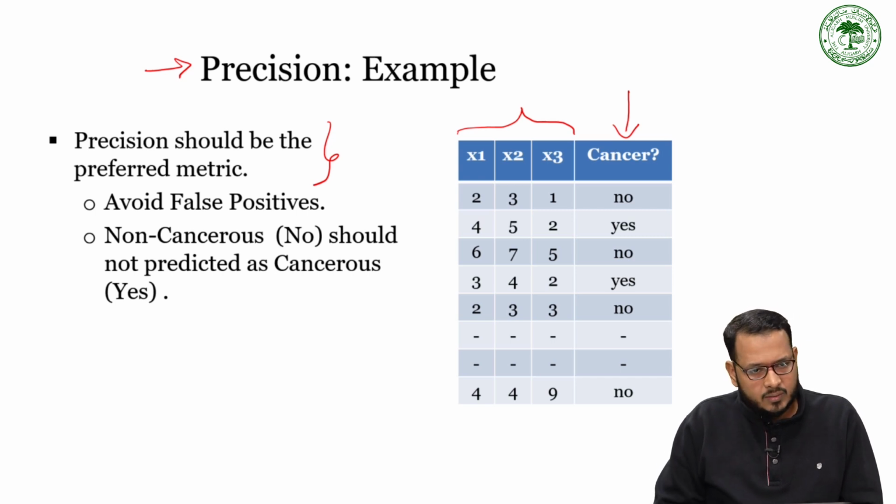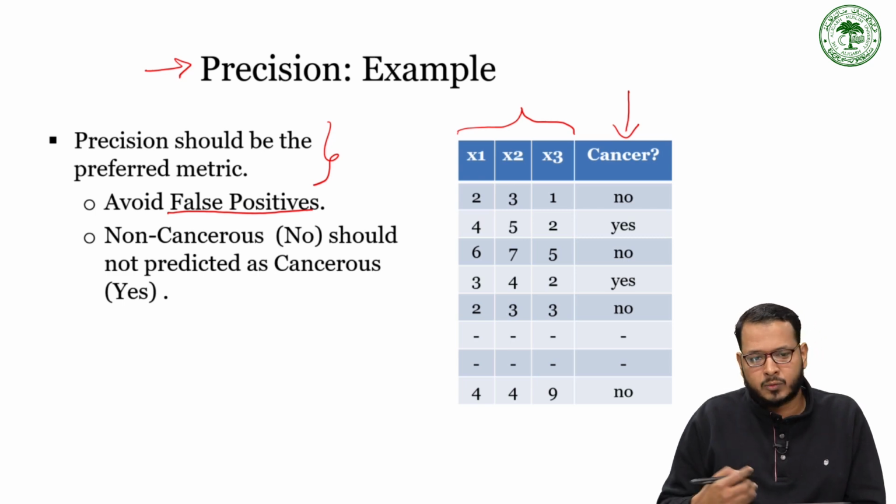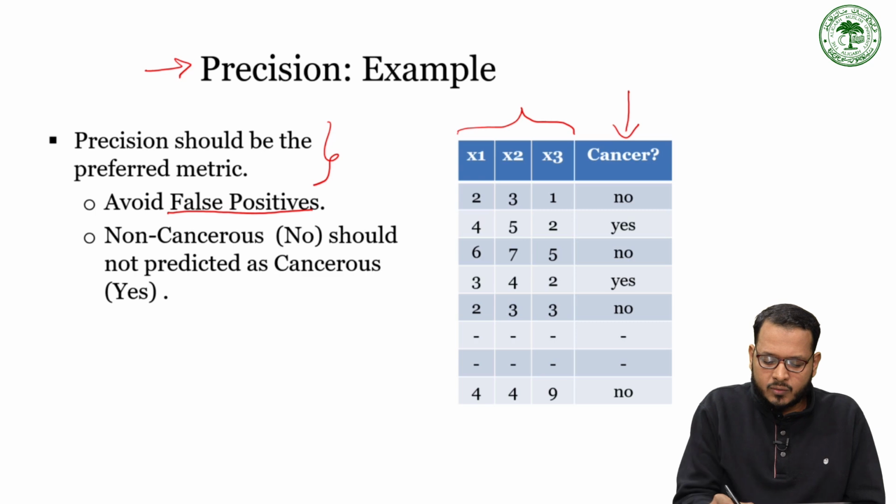Why is this the case? Because precision includes false positives and we want to avoid false positives in this case. False positive here means that a no case or non-cancerous case is predicted as a cancerous case.